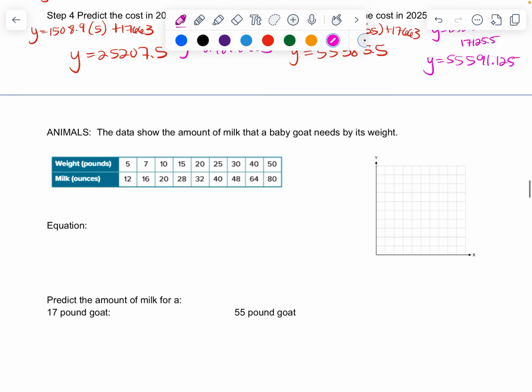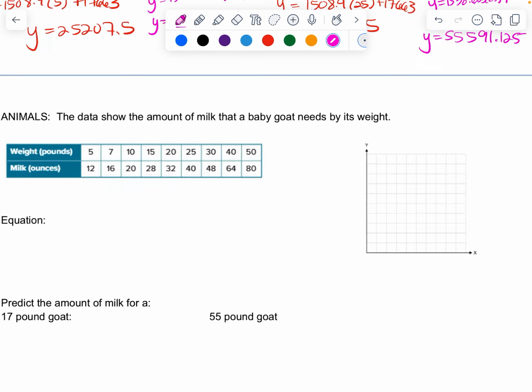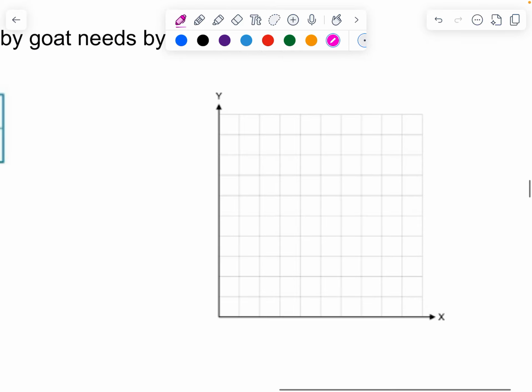Okay, so here we do this again. We're going to do the same exact thing that we just did, but this time we're going to use the animals. Over here, I'm going to go up. This is going to be the weight on the bottom.